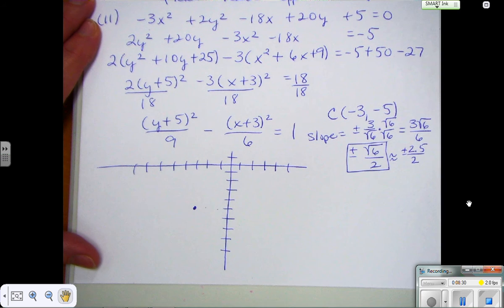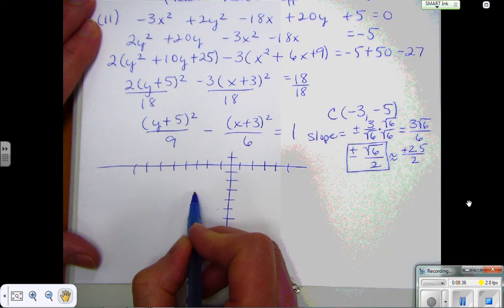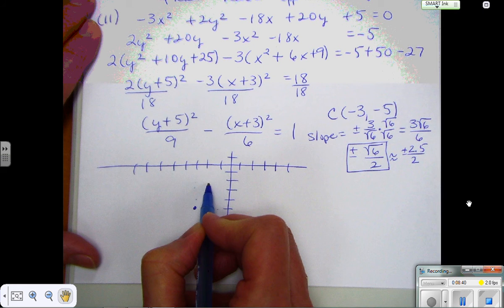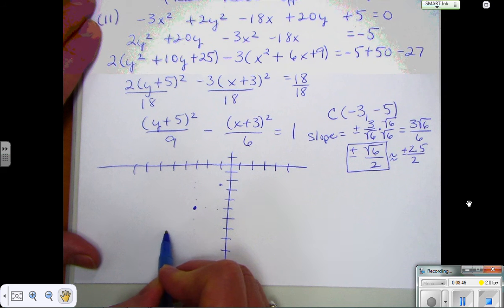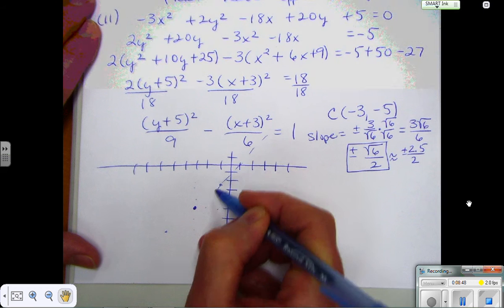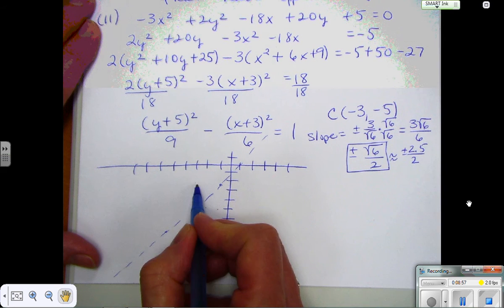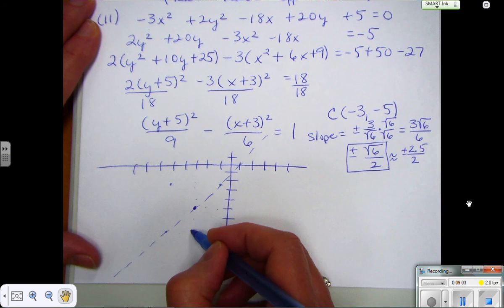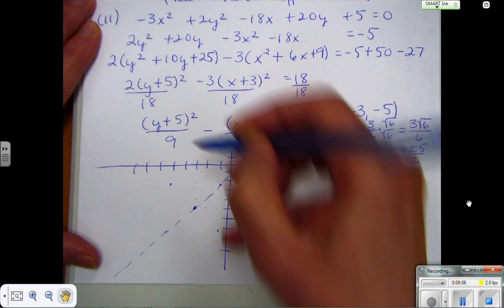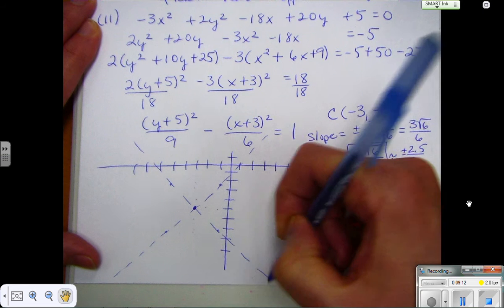That's rounded, roughly. So I'm going to count my positive slope first. I'm going to go up 2.5, and then over 2, down 2.5, and over 2 to the left. I have my first asymptote. I'm just going to draw the dotted line. And once you get that first line going, then it's easy to get your slope for the other line because they're really reflections of each other. One's on top and the other one's on bottom. It makes a little box. There's my other asymptote.